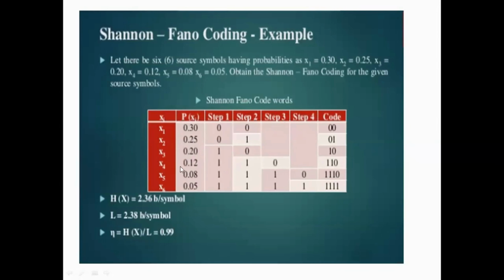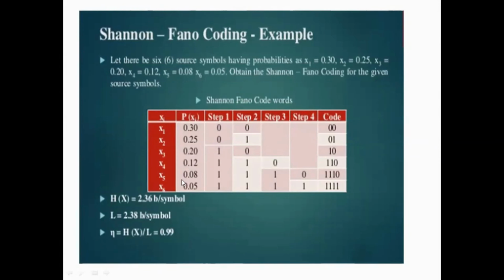If you take the entire probability and take the first two, it is 0.55. We are not getting exactly 0.5. So the first two is 0.55 and the rest is 0.45. Take it as granted. Divide this into two sets: the upper probability and the lower probability. So the first set is divided into nearly equal probabilities. Sometimes we may take exactly 0.5, 0.5, sometimes 0.55, 0.45.